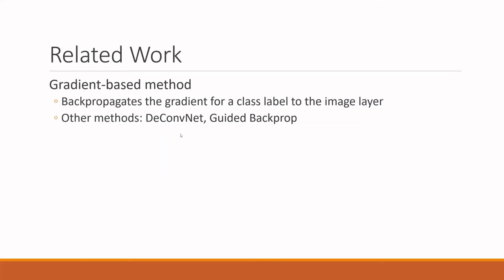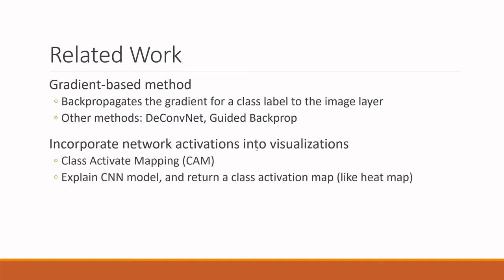Their work is a gradient-based method, which backpropagates the gradient of the class label to the image layer. Other backpropagation methods include DeConvNet and guided backprop. Another technique is to bring network activation into visualization: Class Activation Map, which can explain a CNN model and return a class activation map, like a heat map.